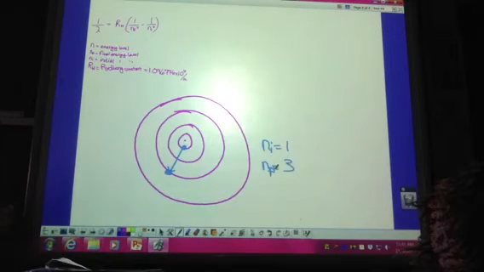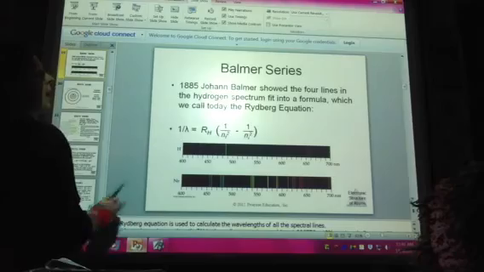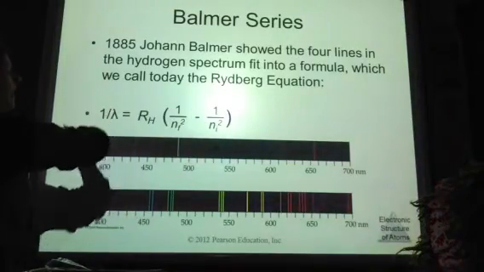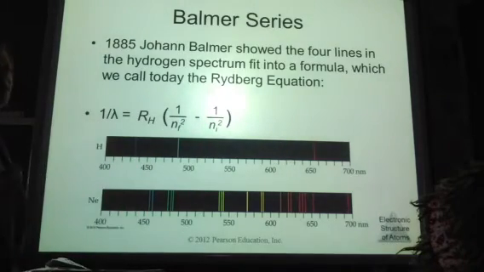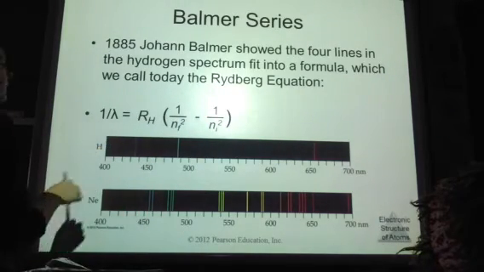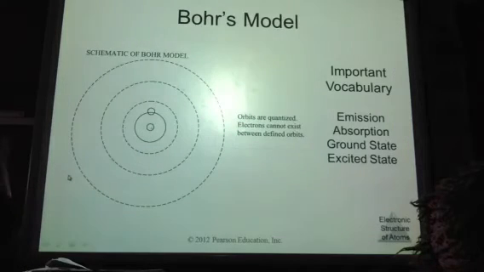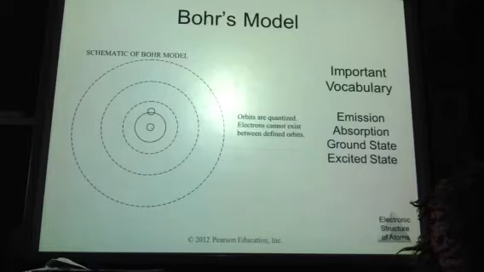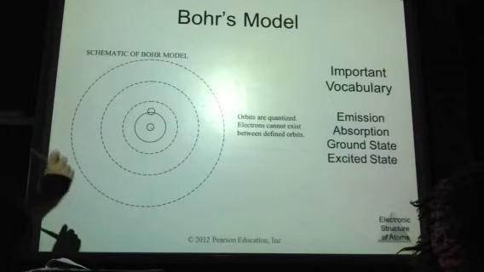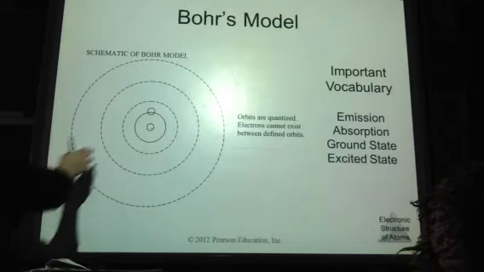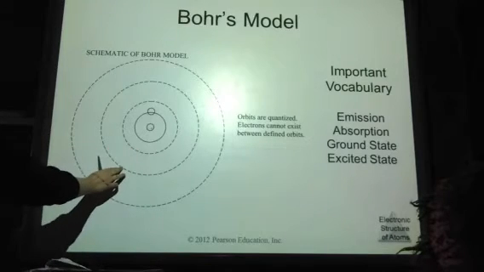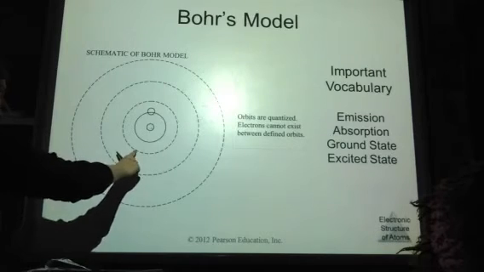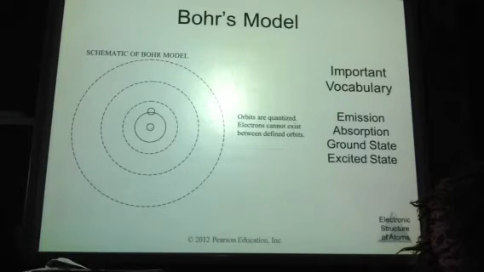For right now, I just want us to know our Rydberg equation. We're going to do some problems on Monday where we will use some calculations with that, so that we can see exactly what I mean. In Bohr's model, orbits are quantized, meaning that an electron can only move from here to here if it absorbs a specific amount of energy, and it can only move from here to here if it releases a specific amount of energy.